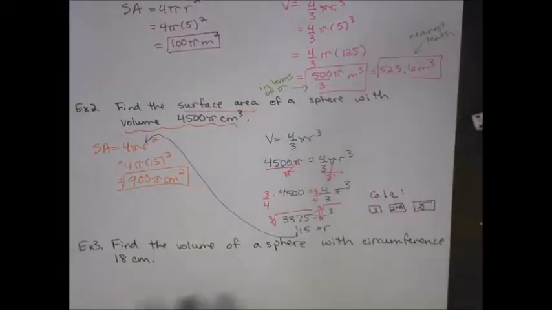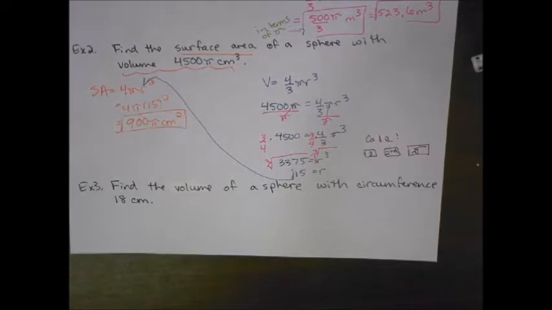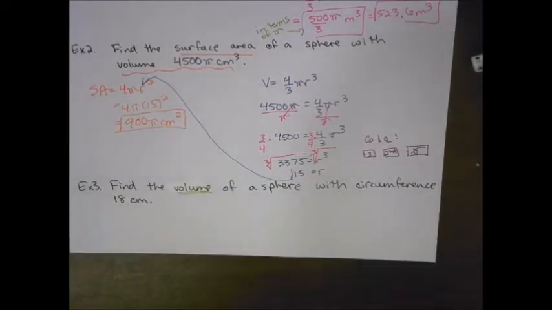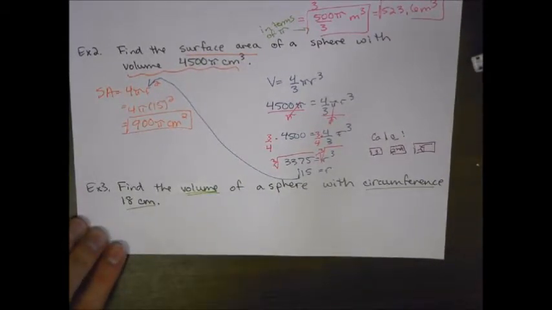Last example. Go ahead and write it down. So we're finding the volume, and we know the circumference is 18 centimeters.